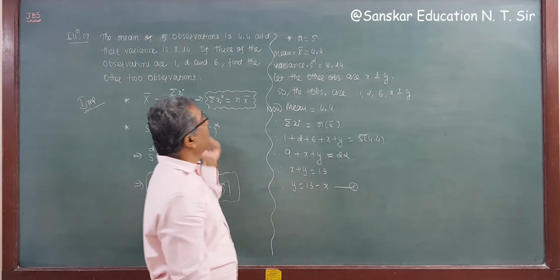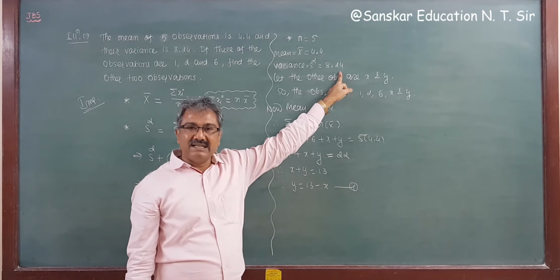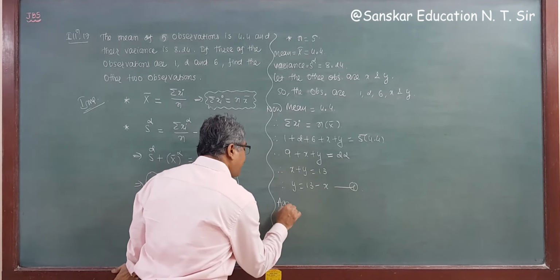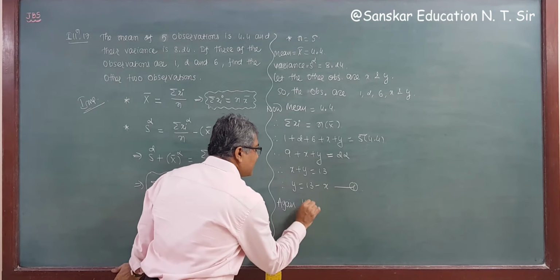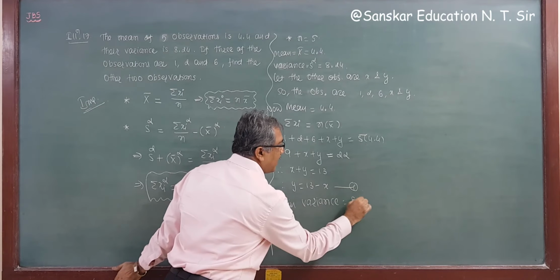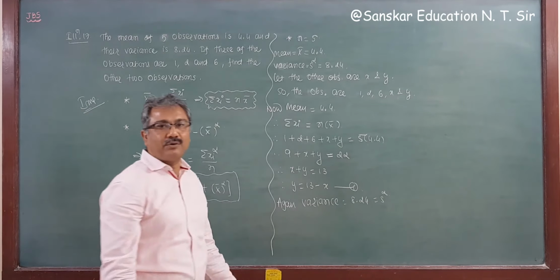Now what is given? Also given, variance is 8.24, that is your s square is 8.24.